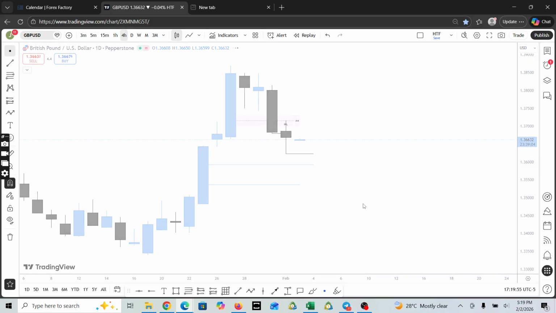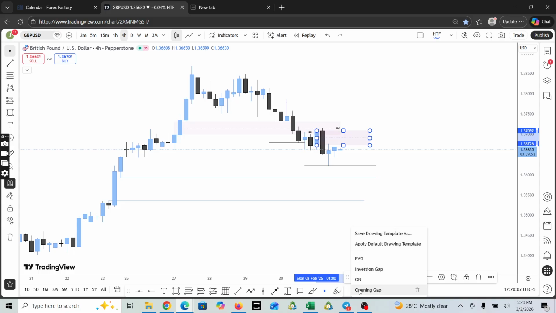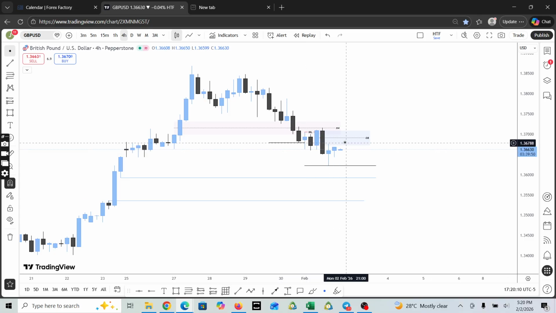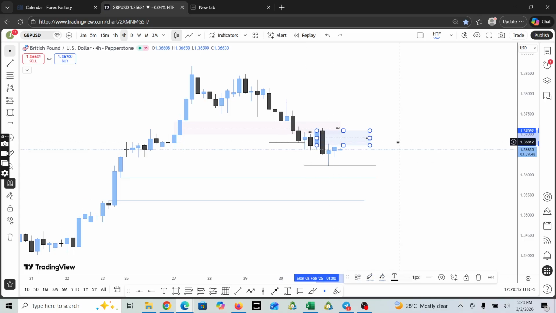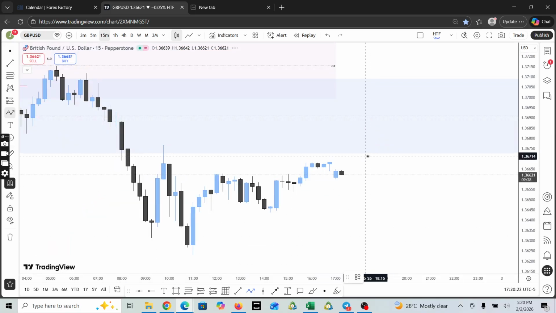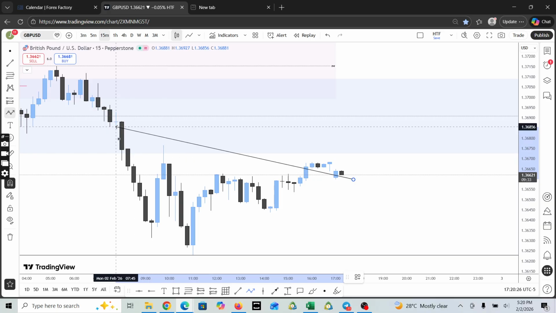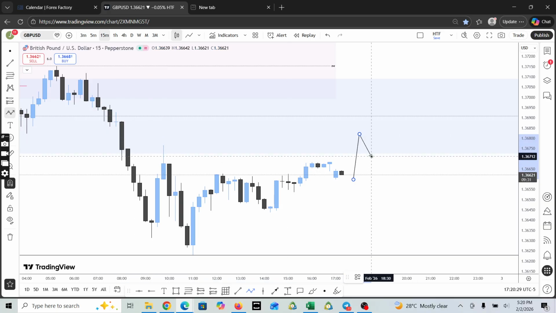So on the H4, this is going to be the OB. You want to see price hold here. Right, we want to see price react, give us a very good reaction from here for the downside. So on the M15 would like to see price come back above these, perhaps into this, like that.